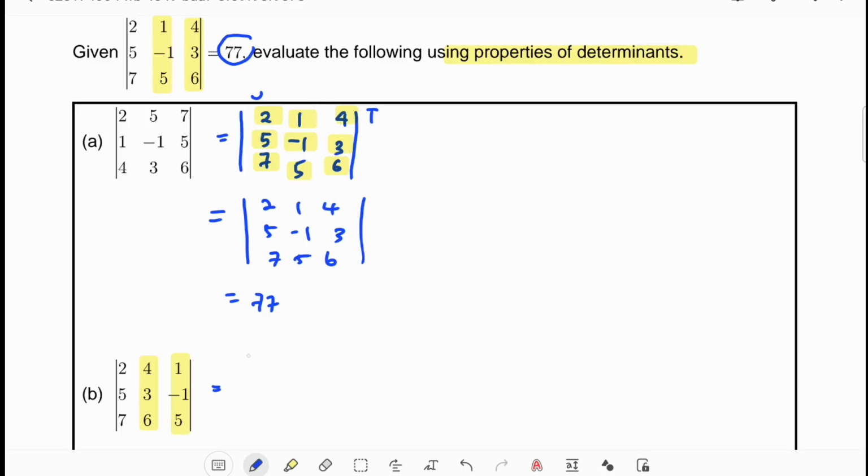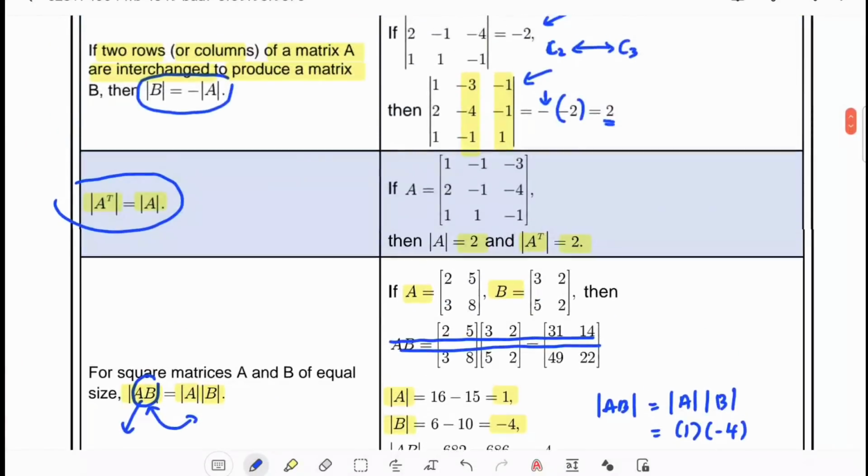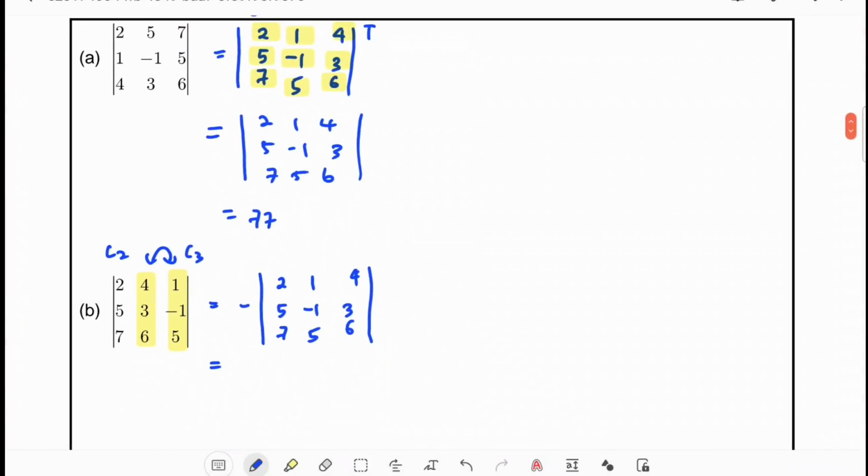If you change it back, you will get 2, 5, 7, interchanging the second column with the third column, and you get 1, -1, 5, 4, 3, 6. If you interchange rows or columns, you have to put a negative sign because of this property. The property says that if there is some interchanging between rows or between columns, you have to put a negative sign. So the answer is -77.